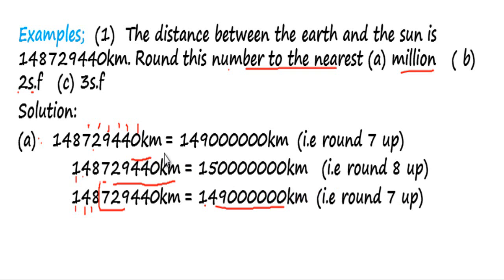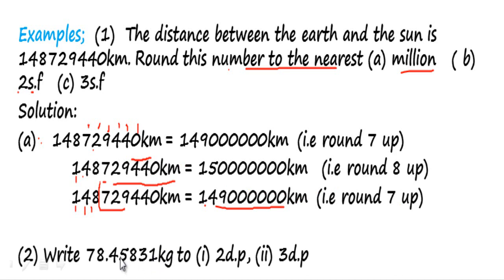So let's move on. Now write 78.45831 kilogram to, that is example 2. Remember, we got 1, 2 decimal places, and then remember we got 2, 3 decimal places. Get this right.